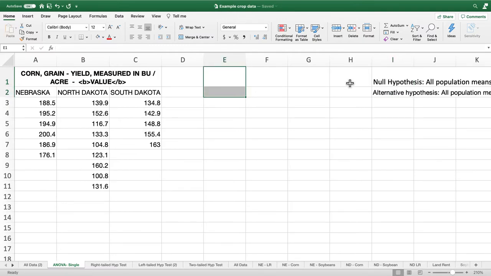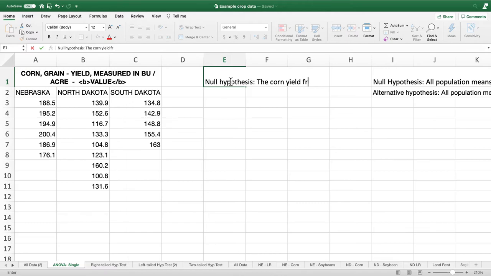Let's get rid of these. So the null hypothesis would be that the population means of the corn yield from Nebraska, North Dakota, and South Dakota, or the mean corn yield from Nebraska, North Dakota, and South Dakota, are equal.